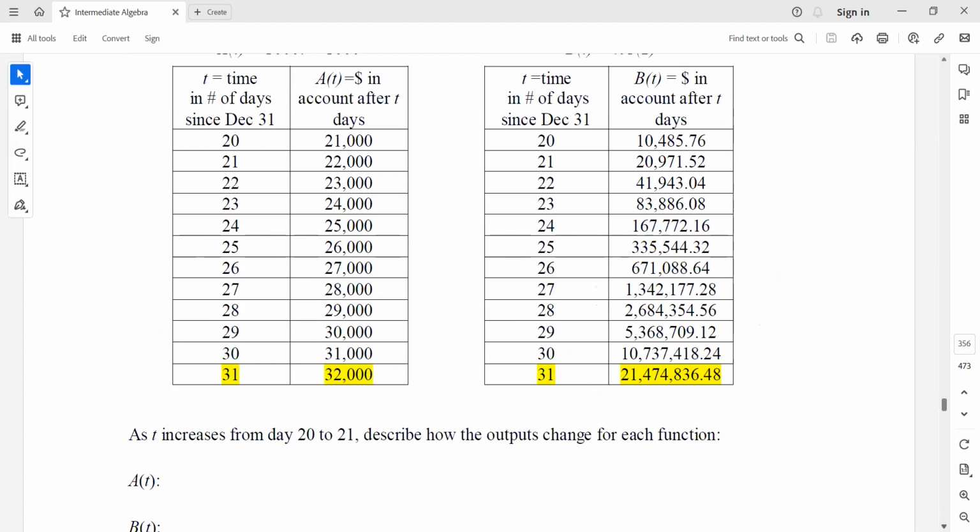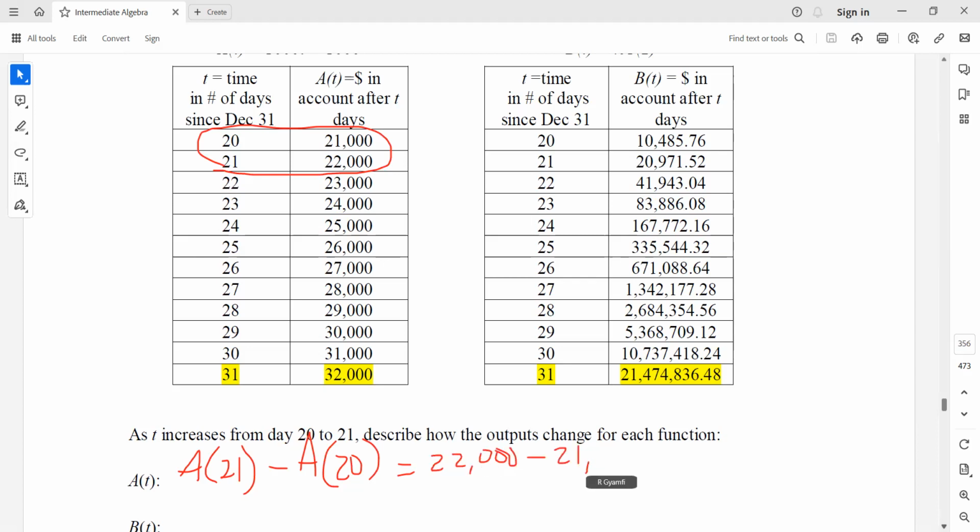Now, as t increases from day 20 to 21, describe how the outputs change for each function. So from 20 to 21, so you're going to have A of 21, 22,000 minus 21,000.